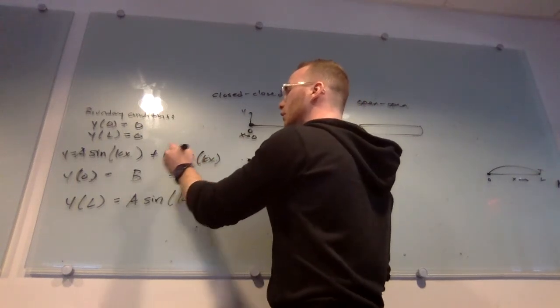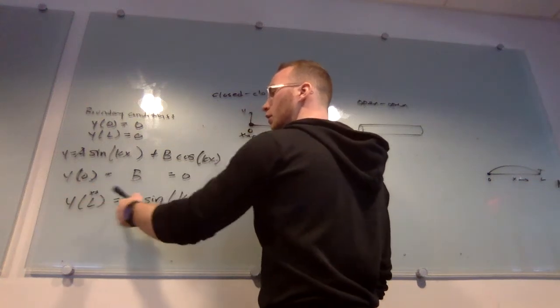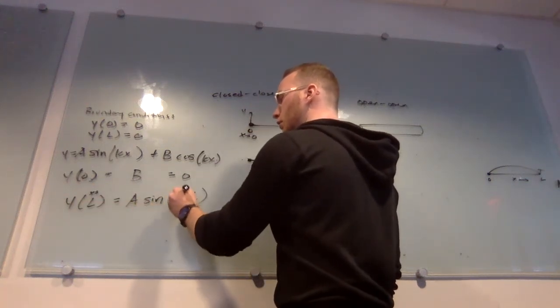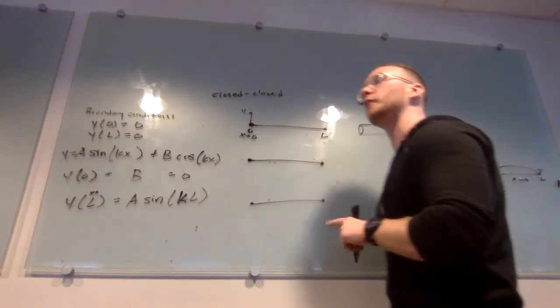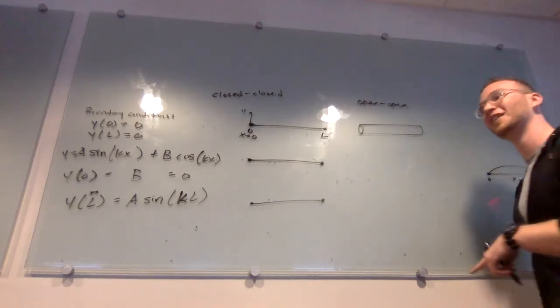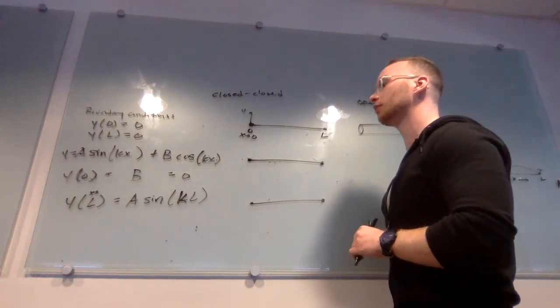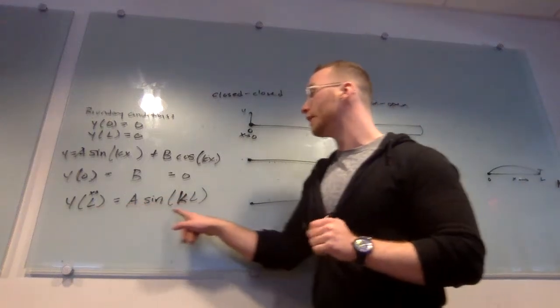So y of L, this is y at x equals L. It is a little confusing because when we do multiple dimension waves, y will be a coordinate too. So I appreciate the confusion. So y at x equals L is this.